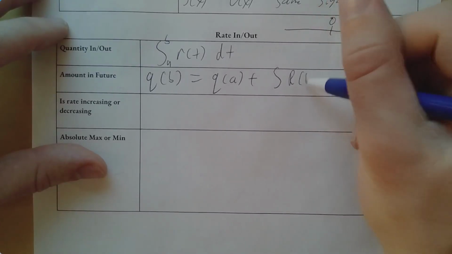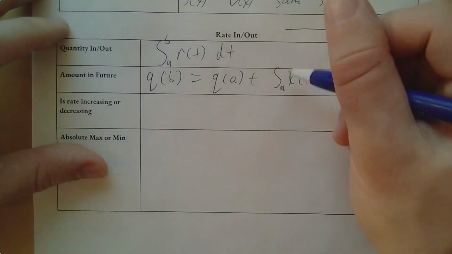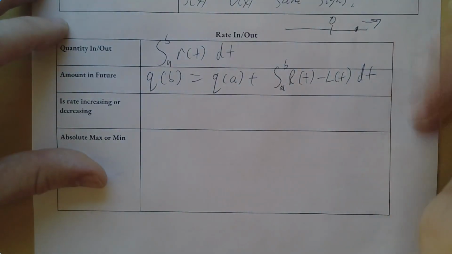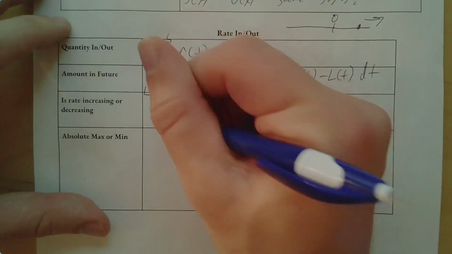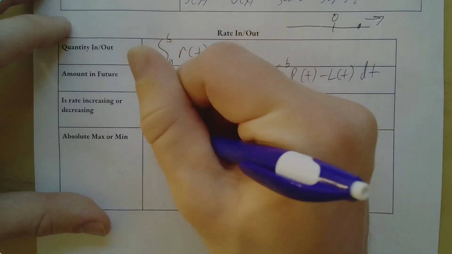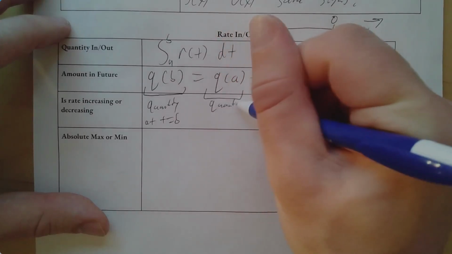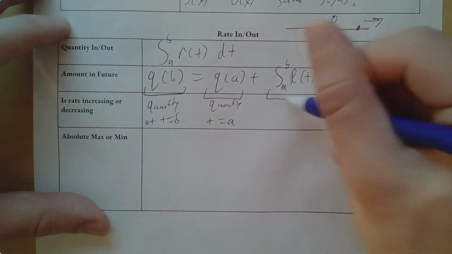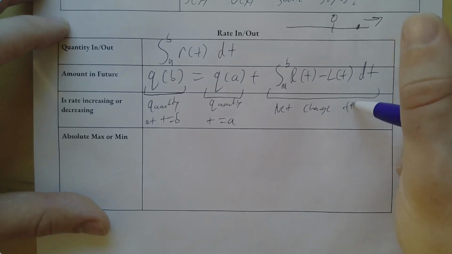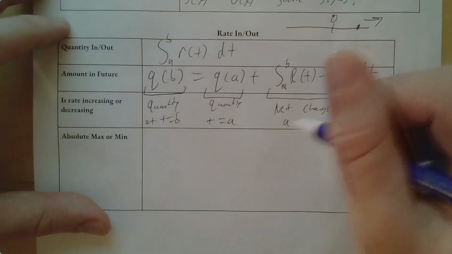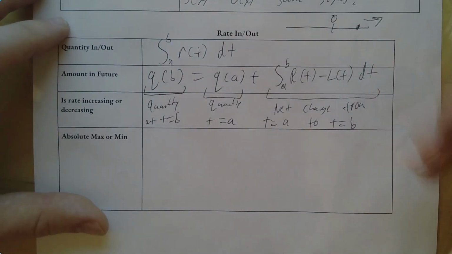So it's R of t minus L of t dt from A to B. So this is the quantity at t equals B, which is the quantity at t equals A plus the net change from t equals a to t equals b. And again, I hope that makes sense.